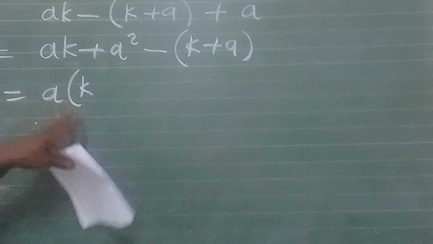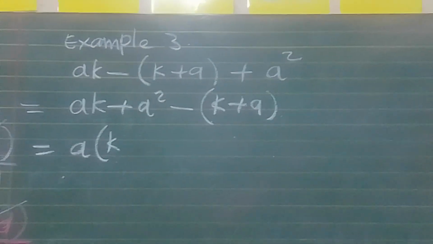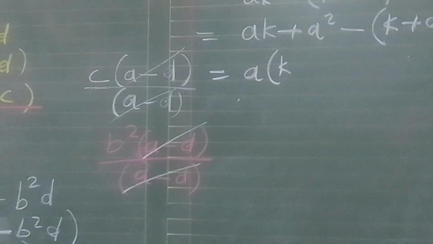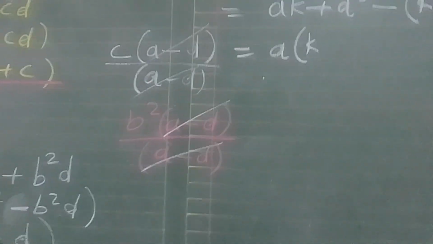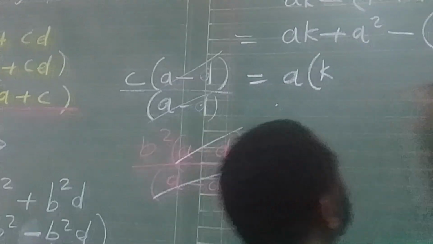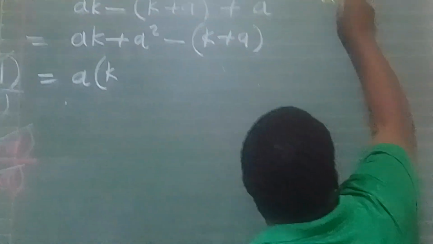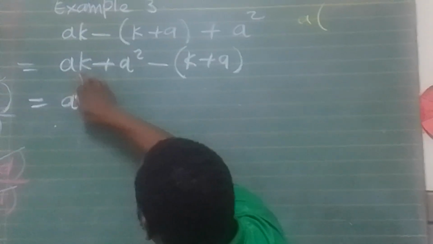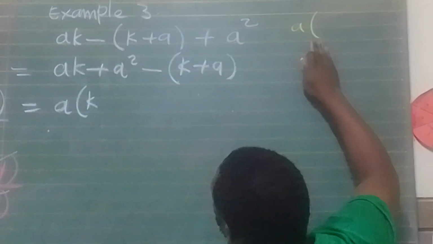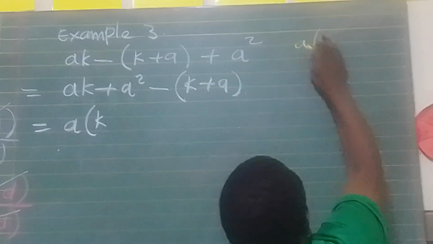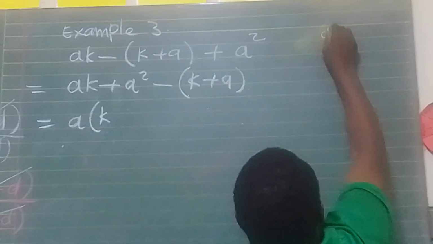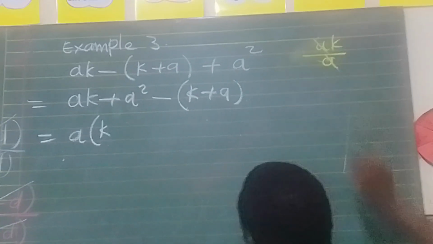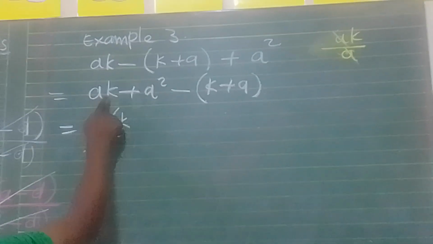Remember, when you do this common factor, do the same thing that I have done here. What I have done here is to show you that we have taken out the common factor of a. Take out the common factor. Now you are left with, take a common factor out of a k. You are left with k.